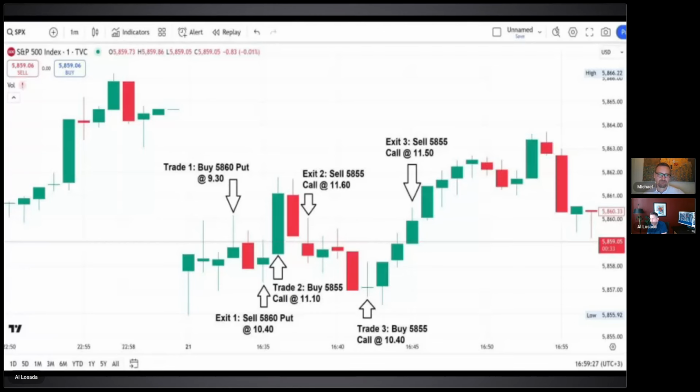Okay. One question is, why not trade ES futures instead of SPX? Because the advantage of options is that they are not as linear as ES futures. I said it earlier, I do trade ES futures. I usually trade them in my mornings.